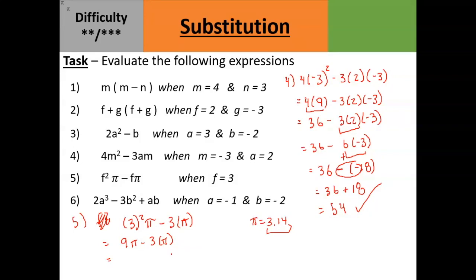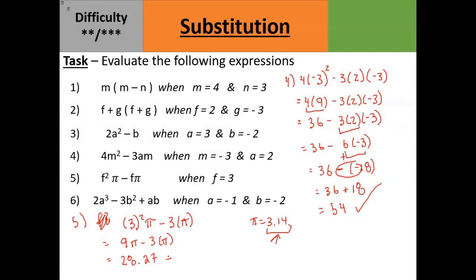Or you can just use 3.14 if you want. Okay, so you're going to hit 9 times pi. 9 times pi is going to be 28.26 if we round to 2 decimal places. I have 27 on mine, but 26 might be the case if you use this number.